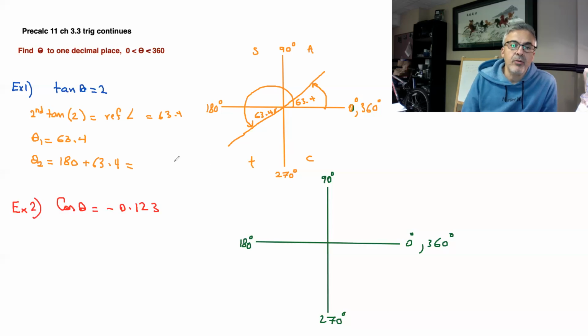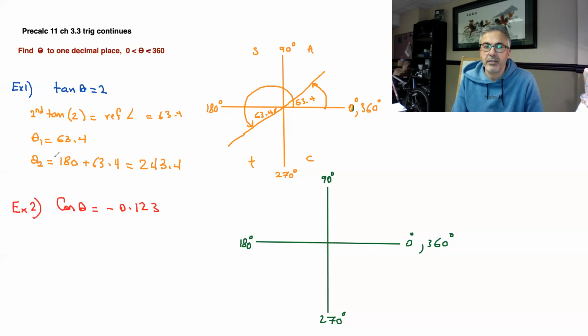And that will give you 243.4. So these are your two answers. So again, not special angle triangles. You can only use the calculator to find the ratios for this one.